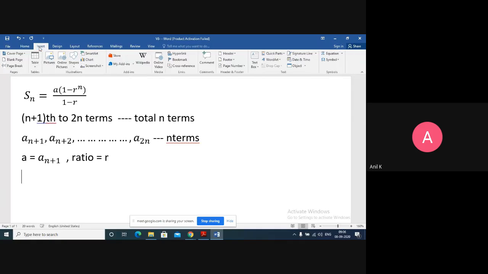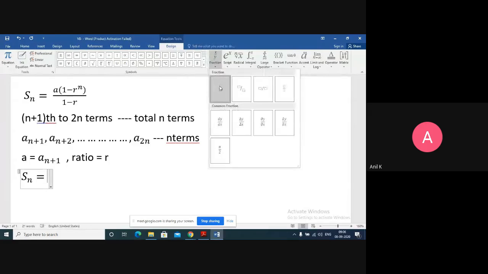Now again I'll find the sum of n terms of a GP where my first term is going to be a(n+1). So let me insert it into the equation here.